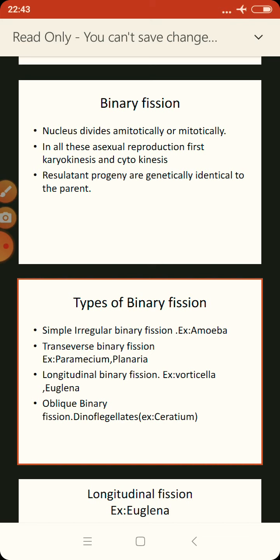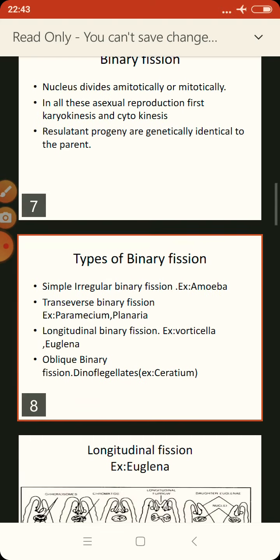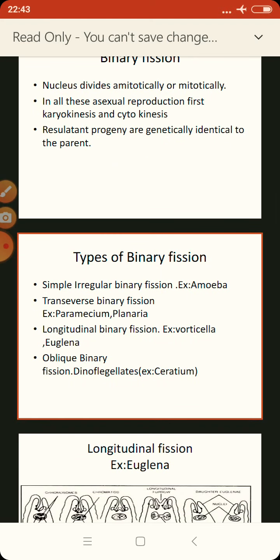The resultant progeny, or offsprings, are genetically identical to the parent. Why are they genetically identical? Because the same parent itself divided into two offsprings. As a single parent is involved, there is no variation. It will be exactly identical to the parent.